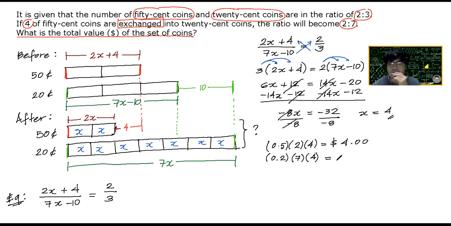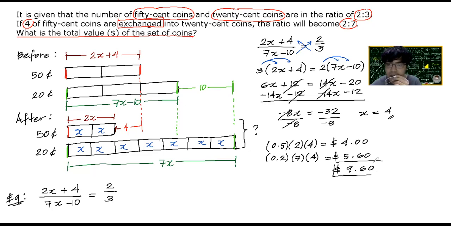Multiplying these numbers, just to be sure, we may be able to use a calculator. Okay, so it is 5.6, so this is $5.60. What will be the total? It is $9.60. This is the final answer.